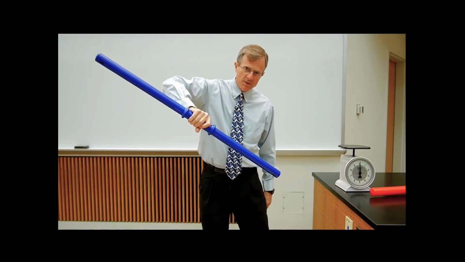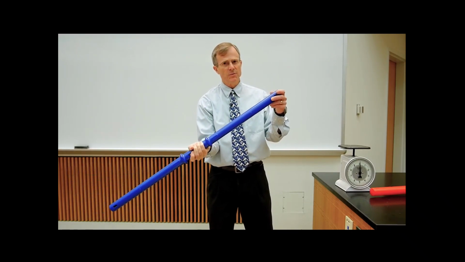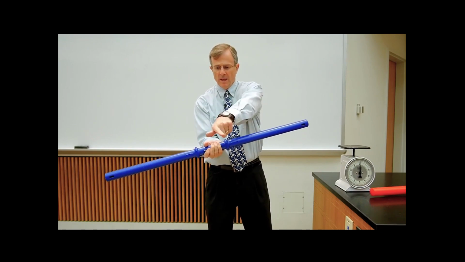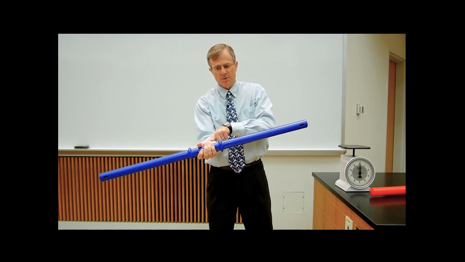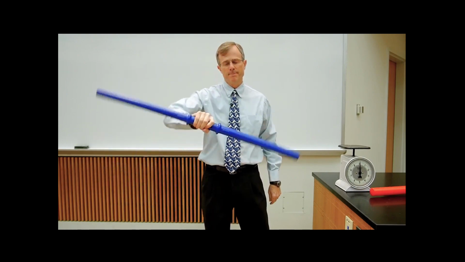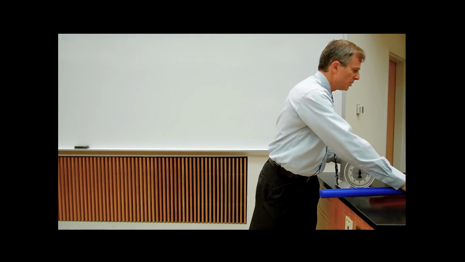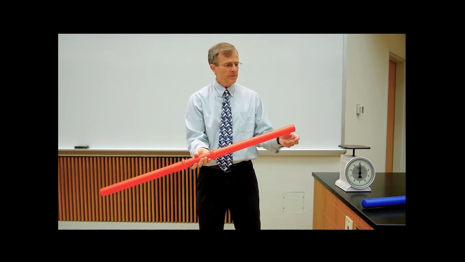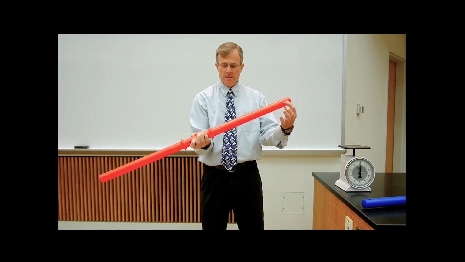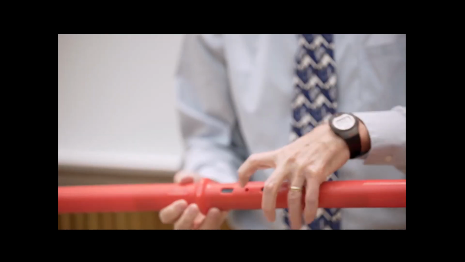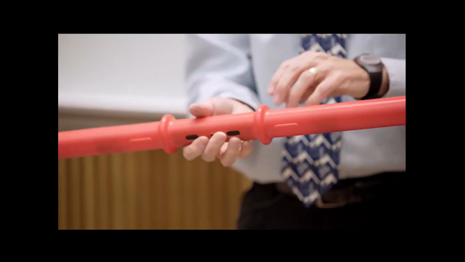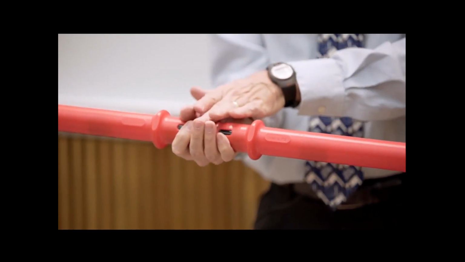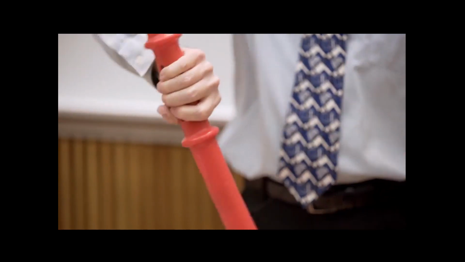It's hard to get started rotating because the mass is farther away from the axis of rotation, which is along the line of my forearm. As opposed to, for this red rod, the mass is not out here at the ends, but instead it's concentrated very close to my hand and close to the axis of rotation.